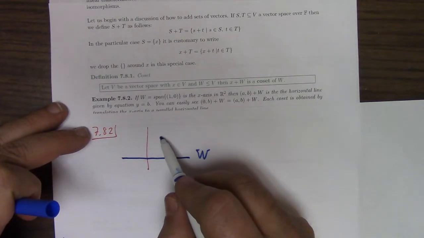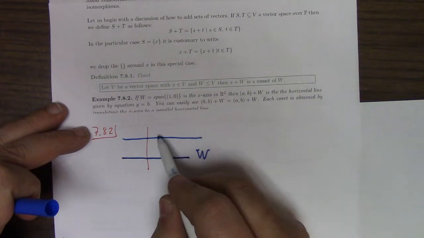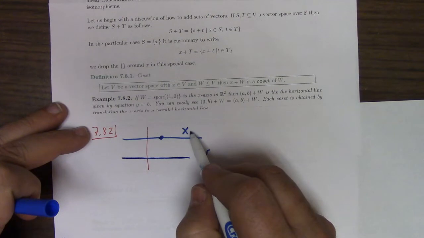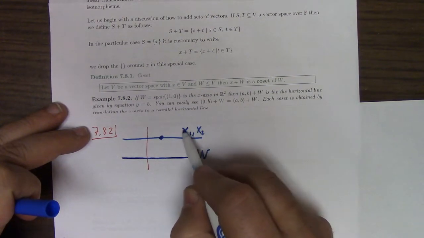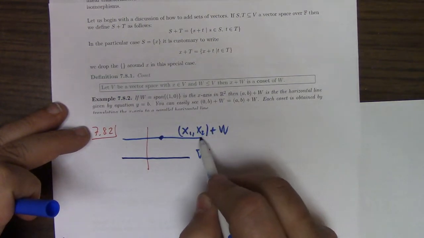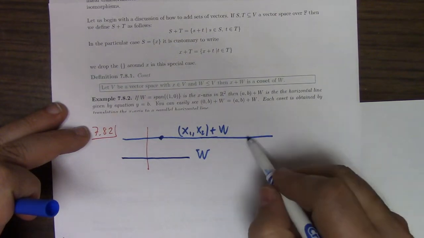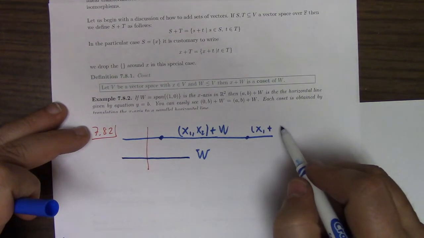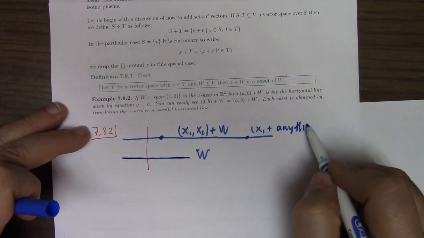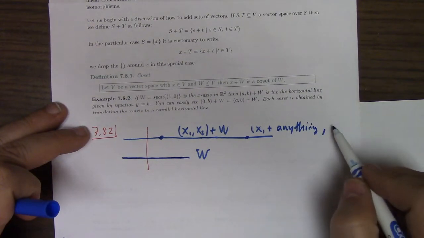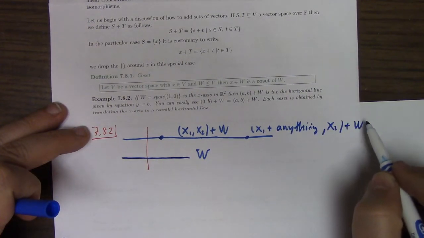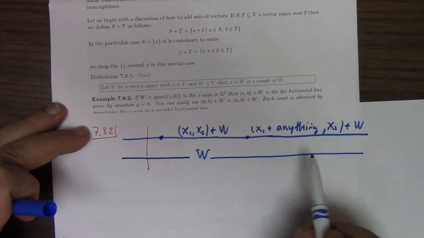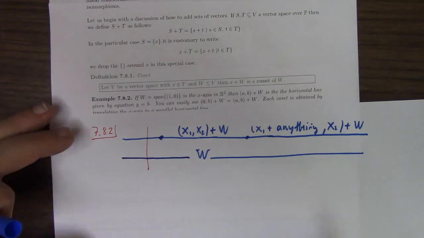So up here, a parallel translate of that would be x plus W. Now x is a vector, so maybe I should say (x1, x2) plus W. All right. The thing is, on that coset, I could also look at, say, (x1 plus anything, x2) plus W. That would still be on the same coset, right? Because the cosets here are just horizontal lines.